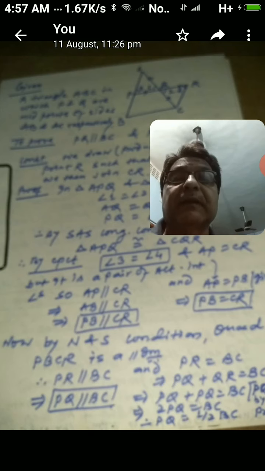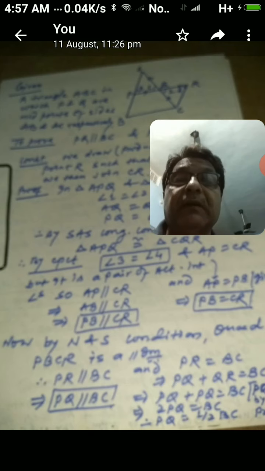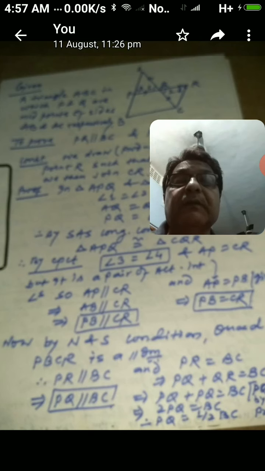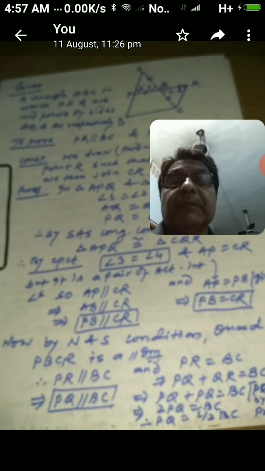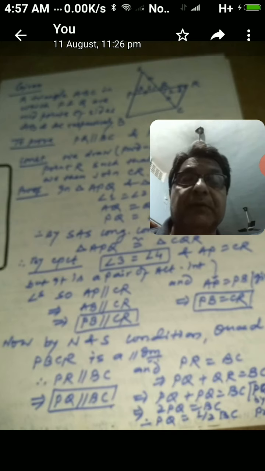Now taking the second result, where we have found that PR is equal to BC, by splitting PR we can write PQ plus QR equal to BC, or in the next step PQ plus PQ. It means in the place of QR we will use PQ, because by construction we have already taken PQ equal to QR.